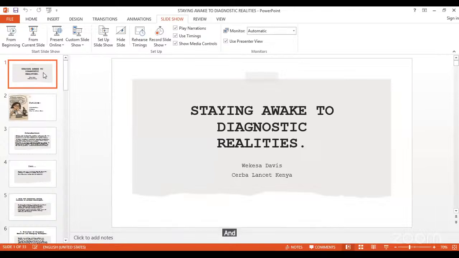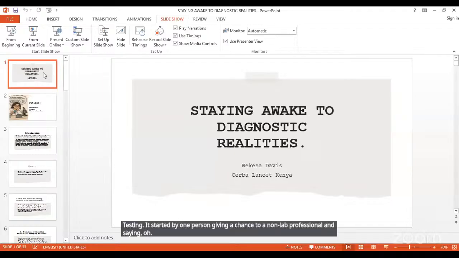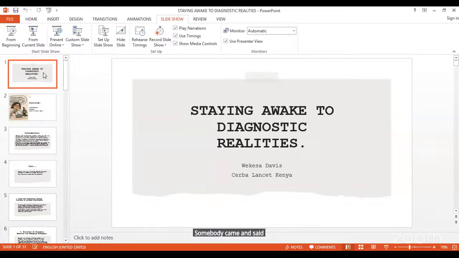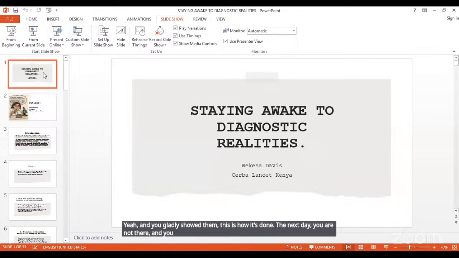And colleagues, just with regard to the previous statement that was shared, how did it come to be that somebody else can just come and do the rapid kit testing? It started by one person giving a chance to a non-lab professional, saying, oh, somebody came and said, let me see how this is done. And you gladly showed them, this is how it's done. The next day you are not there and you called that person, hey, I'm not in the office. Kindly, can you do that thing the same way you did it yesterday?